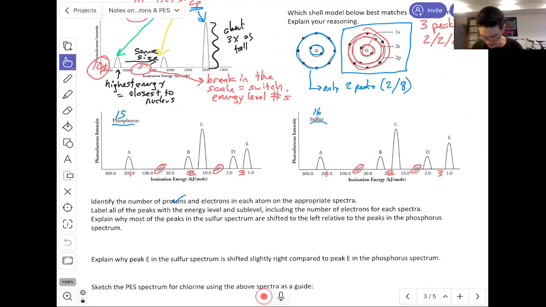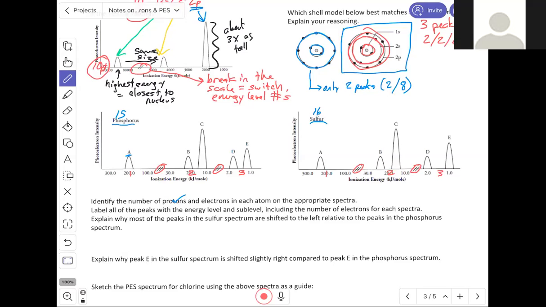Assigning these peaks, my first peak is always, so peak A is going to be, what am I going to label this guy? 1s2. And they're both 1s2 because the first peak is always 1s2. Always, always.